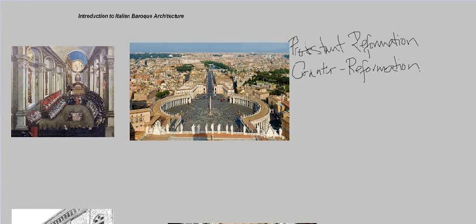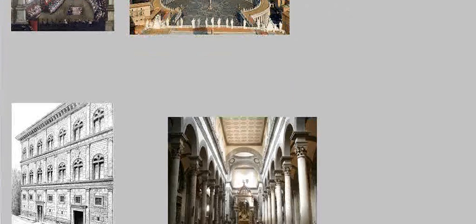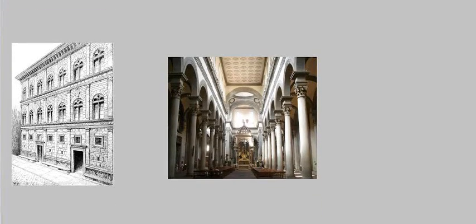Well, to fully understand this, it's important to just quickly review where we're coming from. And where we're coming from is architecture of the Italian Renaissance. So let's move forward and look at these two images on the screen here. What we have on the left is the Palazzo Rucellai in Florence by Alberti, dating to around 1450.